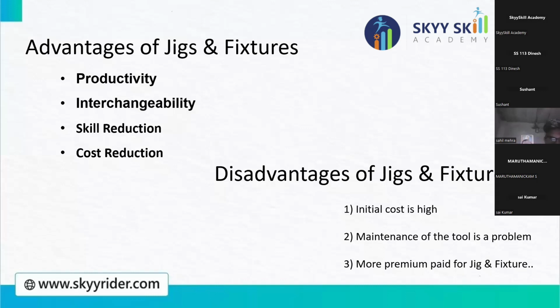As I told you, for productivity you have to eliminate the human effort in marking, positioning, and frequent checking. These are activities during the manufacturing process: how to position the workpiece, how to frequently check whether the component is placed at the exact location or not, and whether the exact clamping pressure is given adequately or not. The operator always wonders whether these things are adequate or not, so these always have to be reduced.